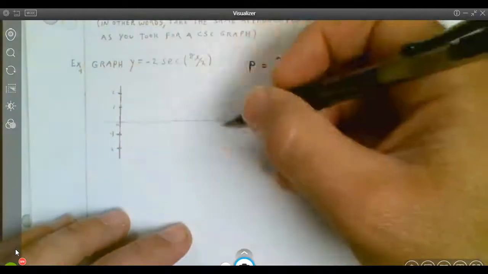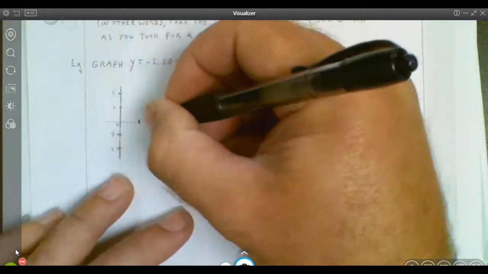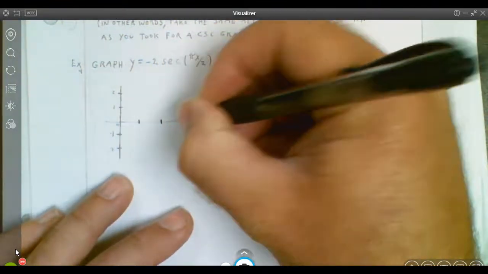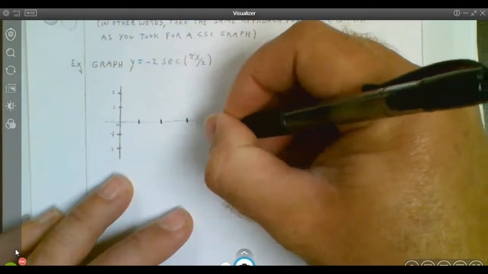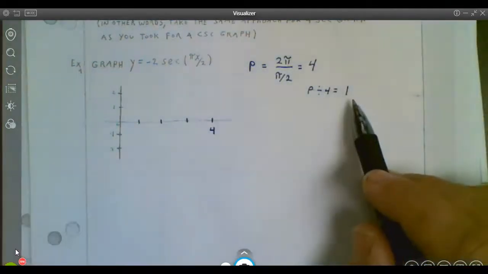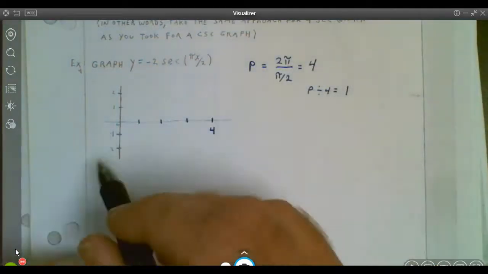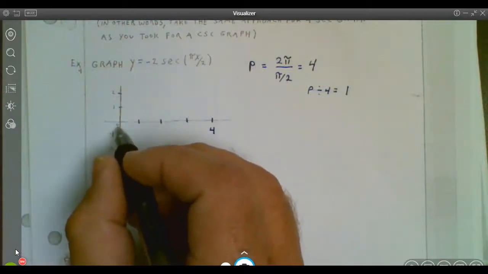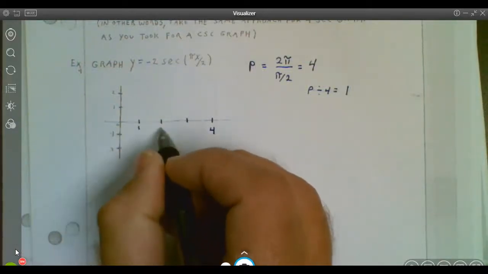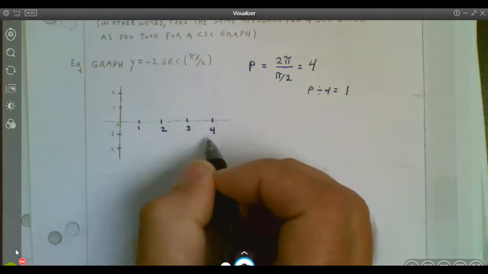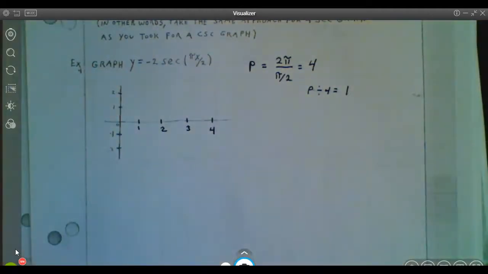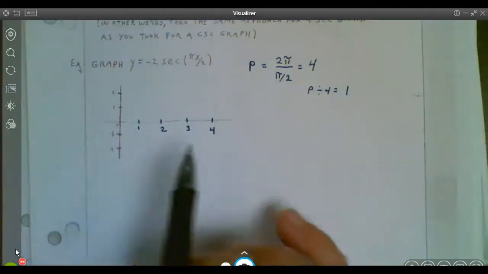So this one should go from 0 to 4. And I should be making a mark every 1 unit. So I start at 0, right? Then I'm at 1, 2, 3, and naturally I land on 4 at the end of it. So there's my 5 key points from 0 to 4.